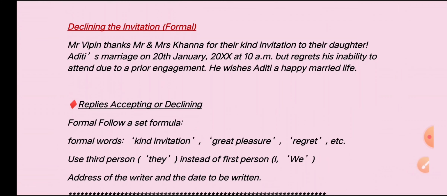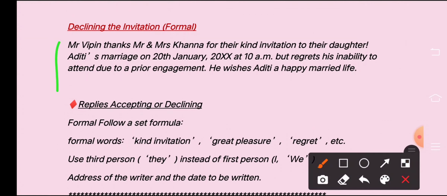The same thing I am taking here. Mr. Vipin is the writer, meaning he is the receiver, and he is writing the reply to Mr. and Mrs. N.K. Khanna, but this time he is declining to attend the party or the wedding. So the box is required here too.